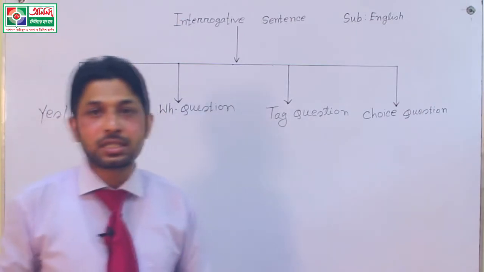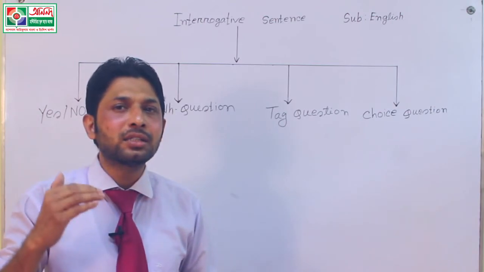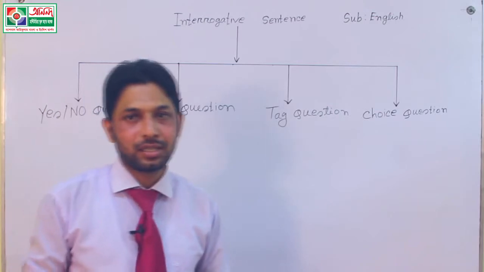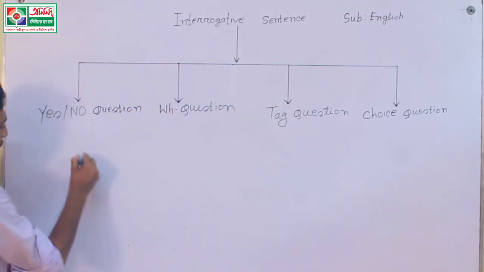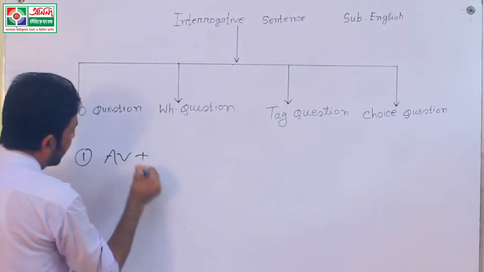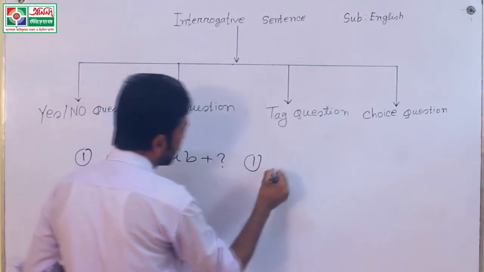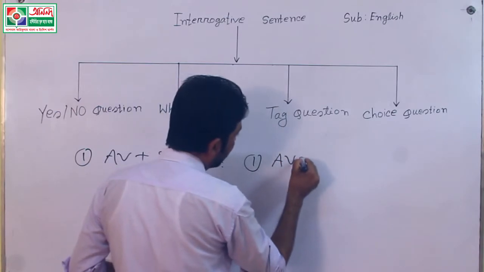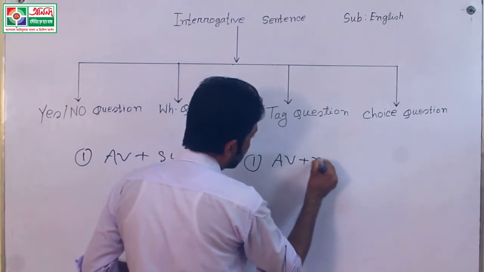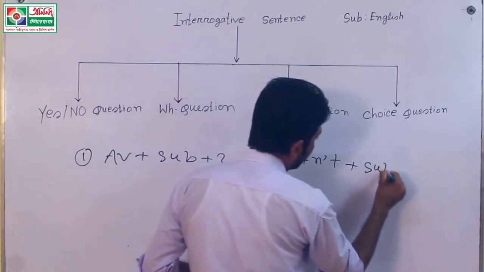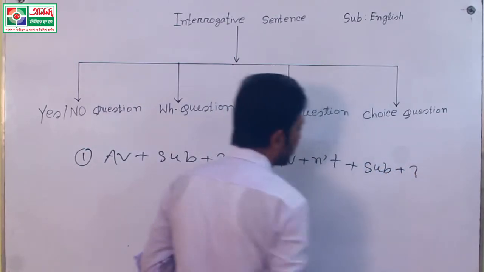My dear students, question tags are always used in two ways. Look at the structure. Number one, auxiliary verb plus subject plus question mark. Number two, auxiliary verb plus not plus subject plus question mark.